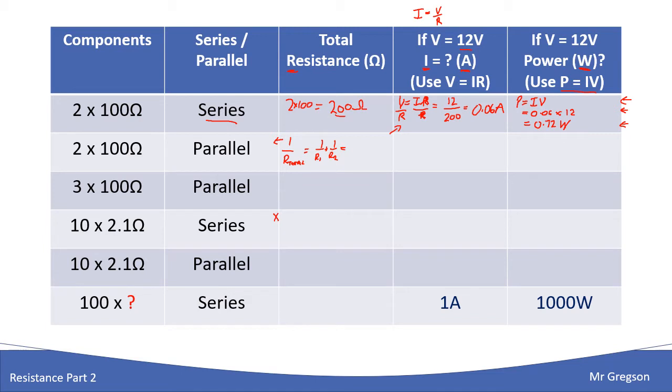Now substitute the numbers in: 1 over 100 plus 1 over 100 equals 2 over 100. Now remember, at the end I want to flip this, so I'm going to draw my little arrows in there just to make it clear. So 100 over 2 is, well, I can simplify that further, and it would be 50 ohms.